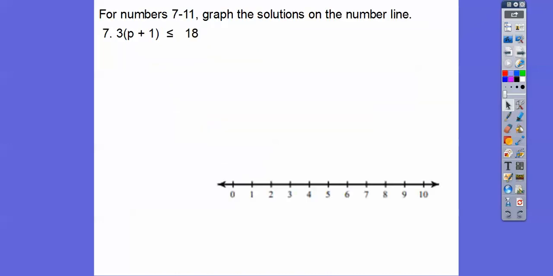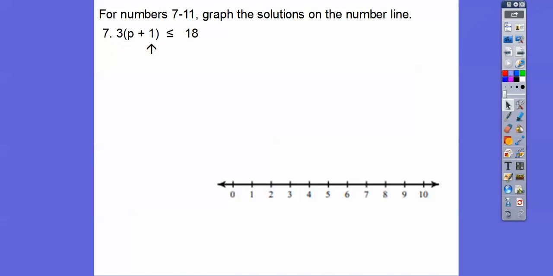All right, let's see. On this one, again, I'm going to distribute this 3 through, and we're going to shade it on this number line. It's going to be a closed circle because you got the equals bar, so we fill in the circle, which means we're including our solution right here. Let's put the 3 through, so 3p plus 3.